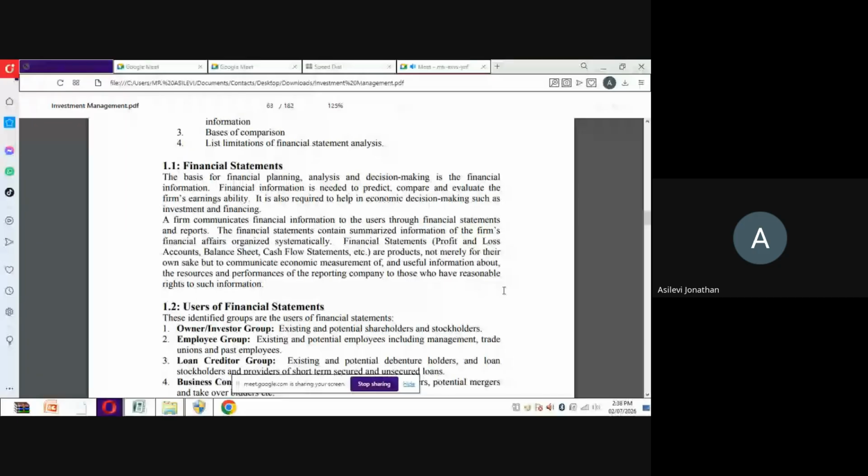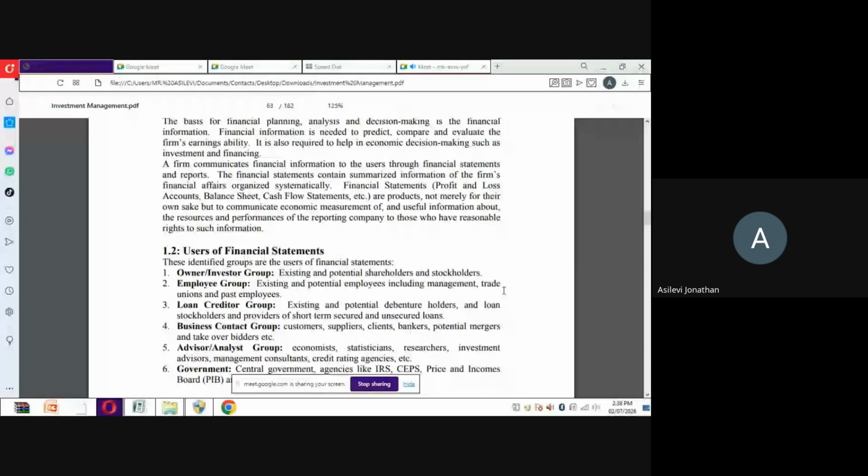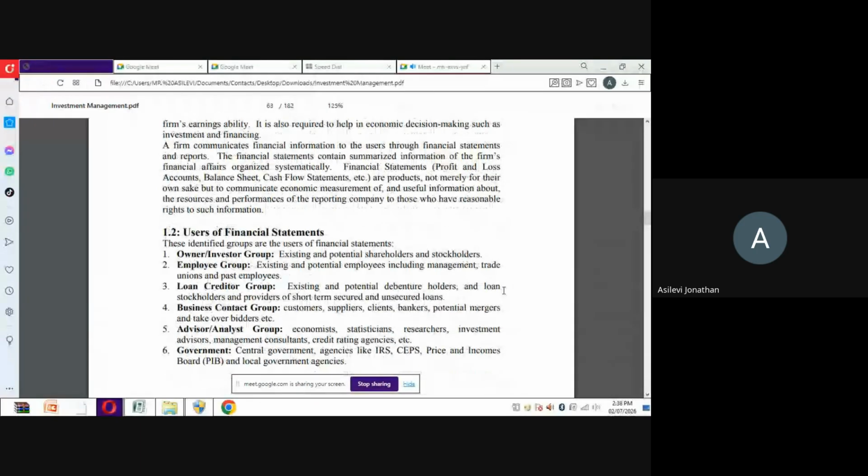Statement, then tell an investor, based on my findings, or after scrutinizing this financial statement, I think when you invest in this particular company, it will be useful. So please continue with users of financial statements.